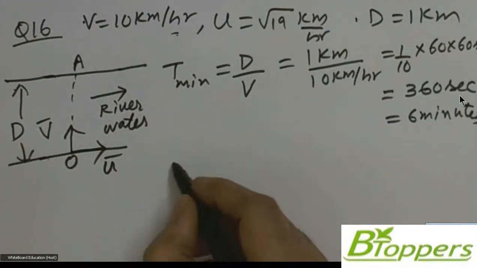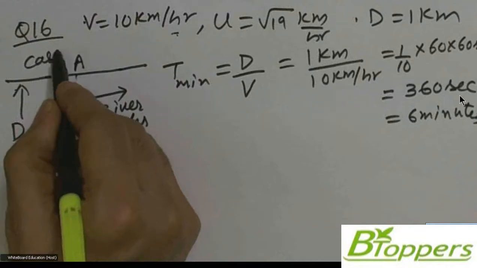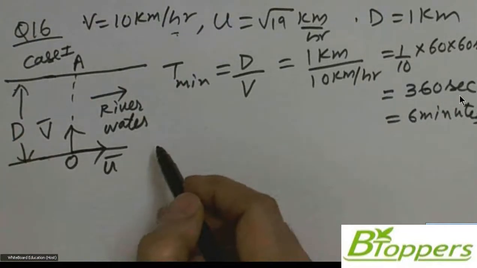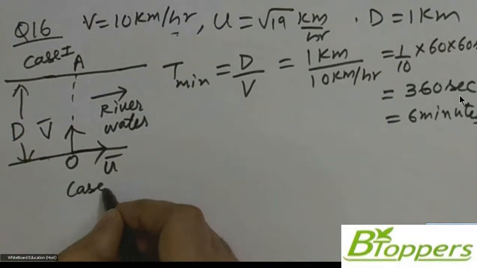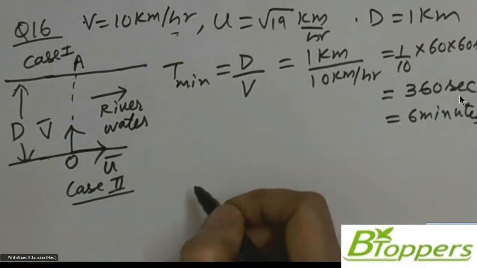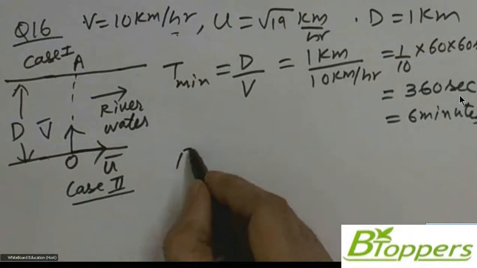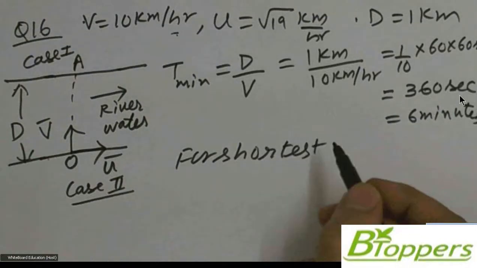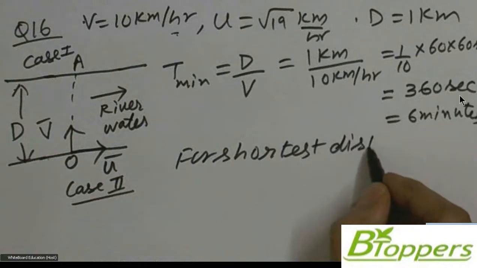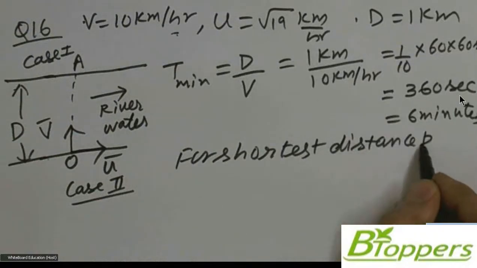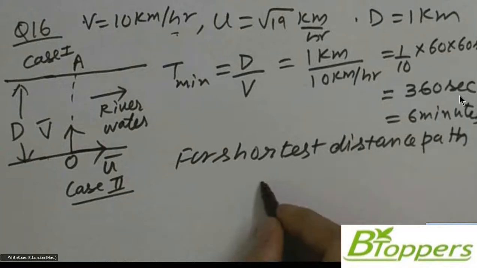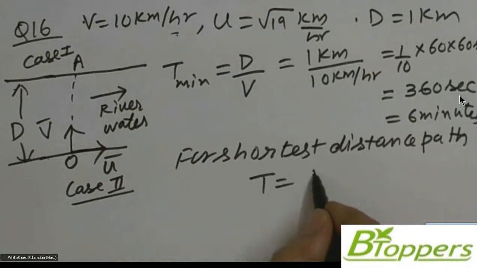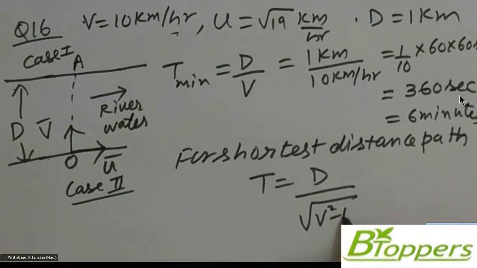As I discussed earlier, this problem comes under special case 1 that I have discussed in the past in boat crossing the river, and special case 2 is also involved here. If the boat crosses the river along the shortest distance path, then the time taken to cross the river will be D by root of V square minus U square.